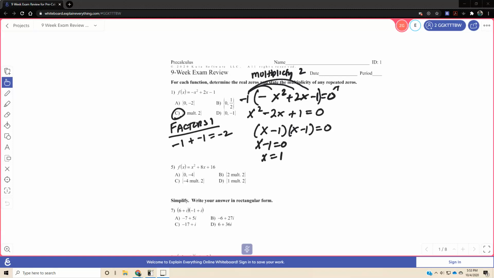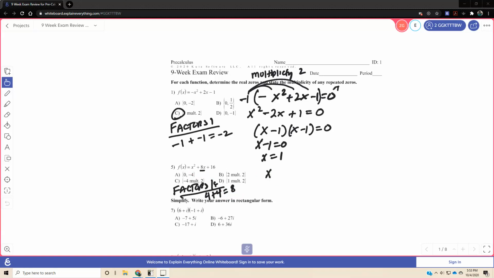For number 5, we're going to find the factors of 16. And we notice that 4 times 4 gives you 16, and it also gives you 8 when added, and that's what we're looking for.